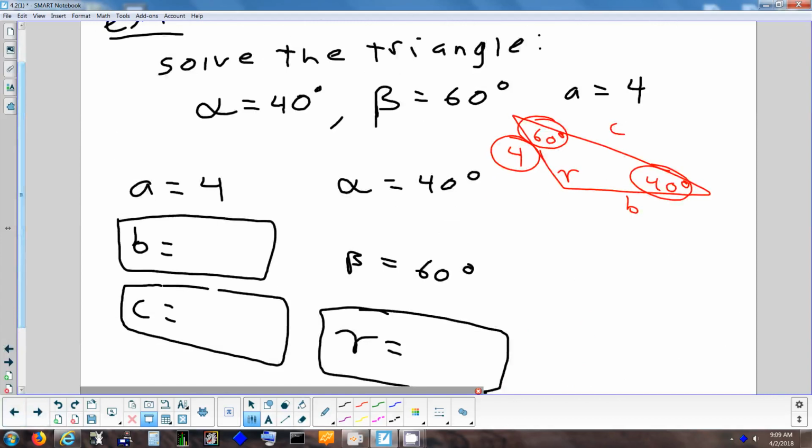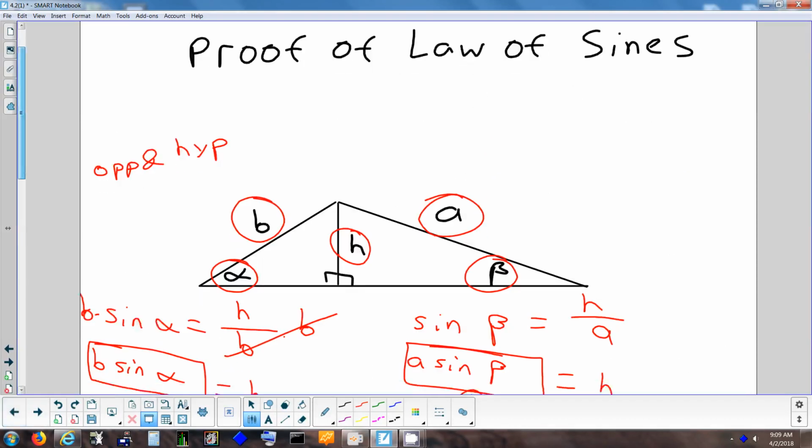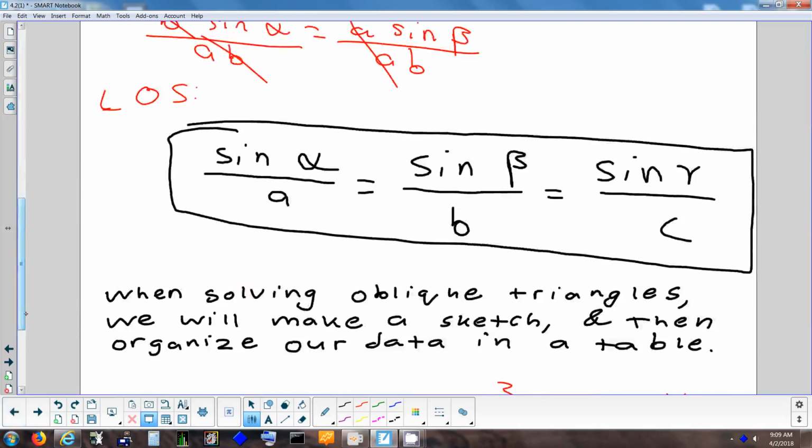Now, another way you can tell it's a law of sines problem without having to make a sketch is, let's go back and look at the formula. In order to use law of sines, you have to know 1 out of 3 of these fractions completely, top and bottom.